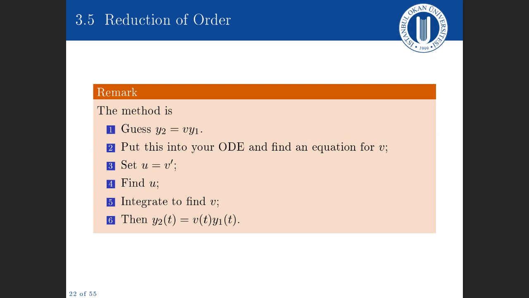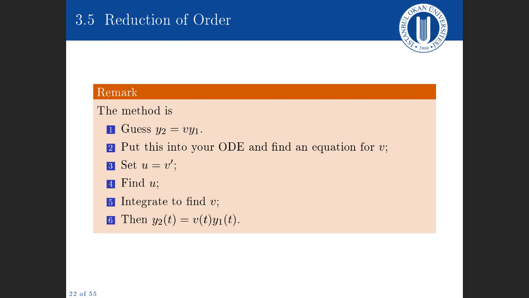Okay, so let's just recap. To do reduction of order, step 1, we're going to guess that y2 is equal to v multiplied by y1. We're going to put this into the differential equation and find an equation for v. And remember, we must always get a 0 in front of the v terms.